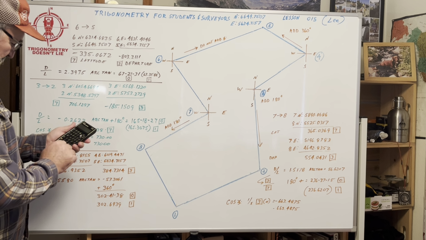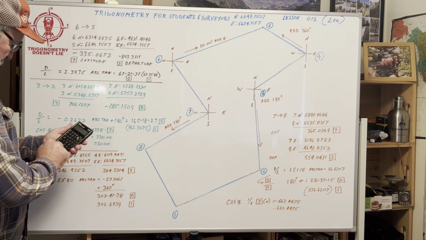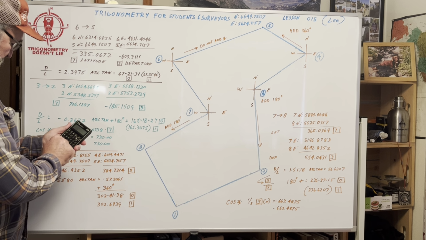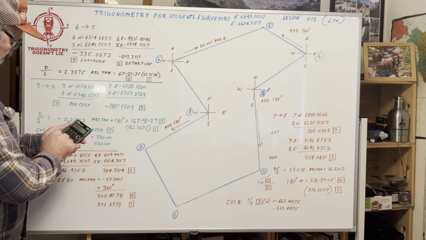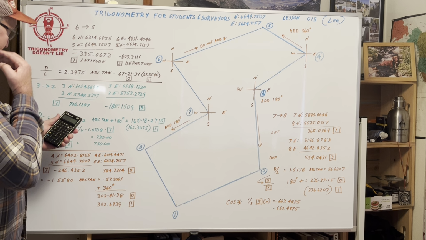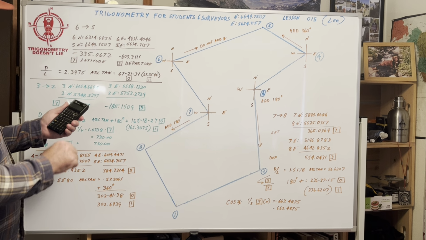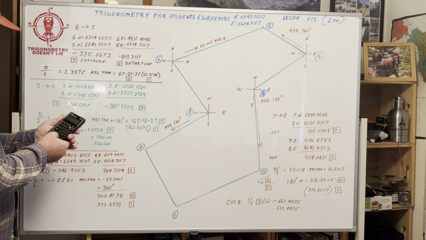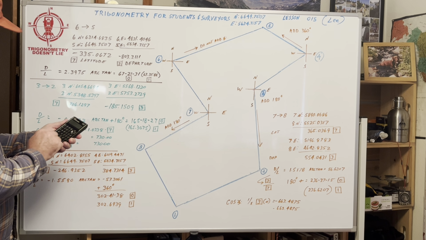335.0672, it's a negative. So I'm going to add a negative to that, and I'm going to store that as 7. Now my departure is negative, 803.3111, and that's a negative.